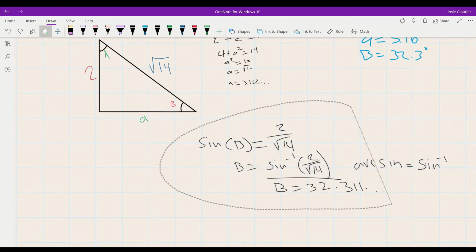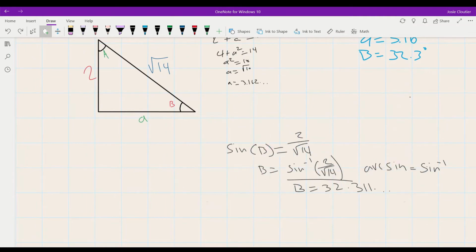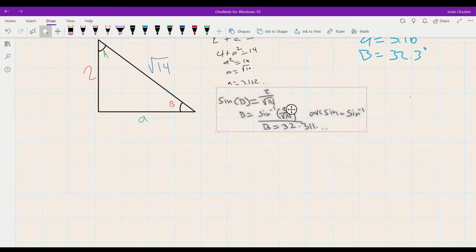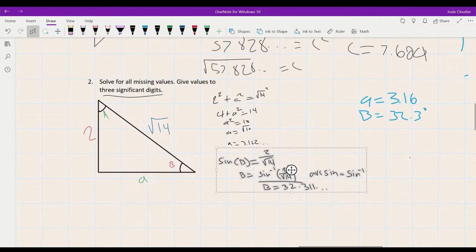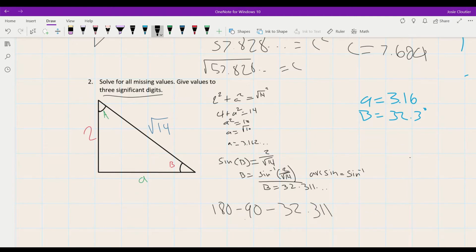Alright, and now all that's left to do is to solve for the final angle, right? We have 2 angles: the 90-degree angle and the angle we just solved for. And so we can do 180 minus 90 minus 32.311. Remember to use that full value.